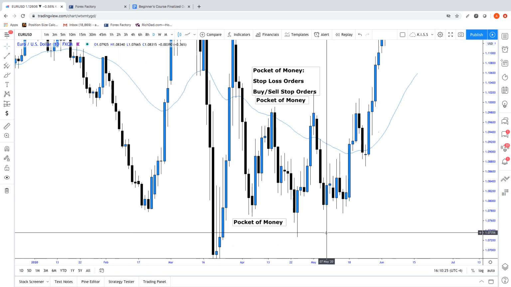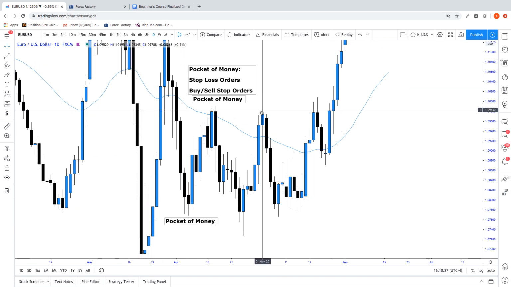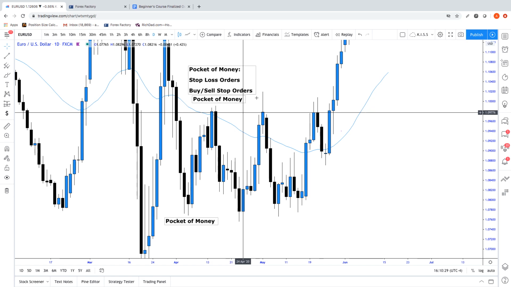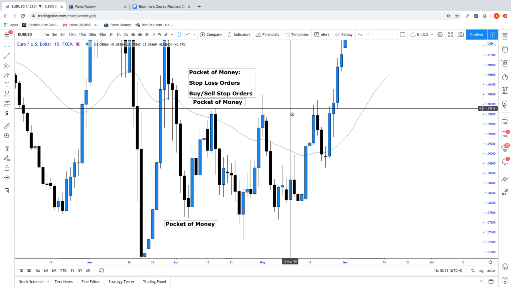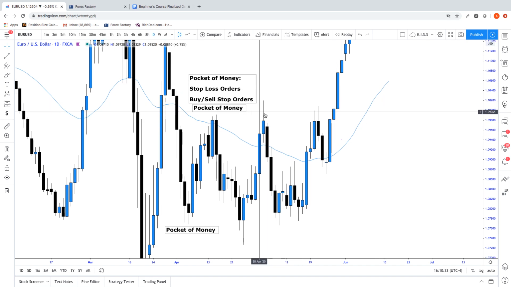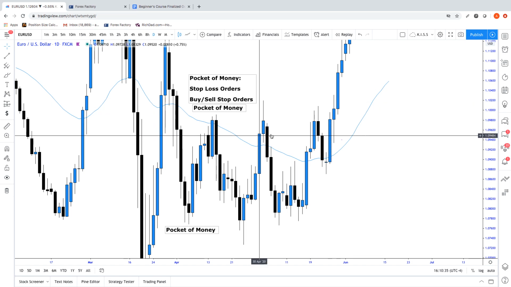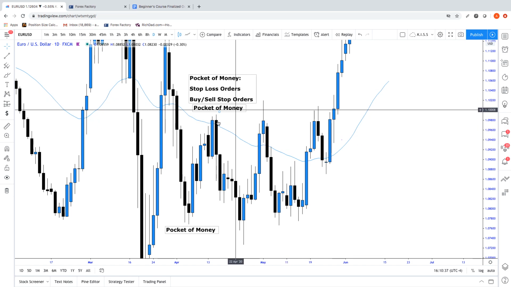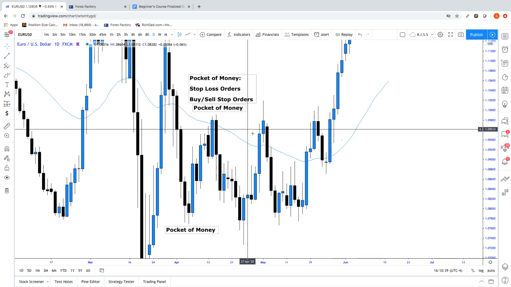We need to understand pockets of money, because it is often when price trades into a pocket of money that we look to take our trades.